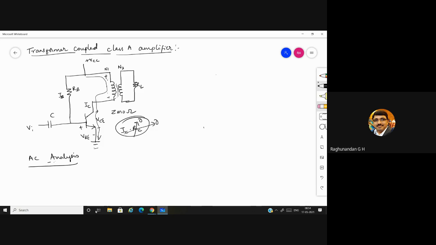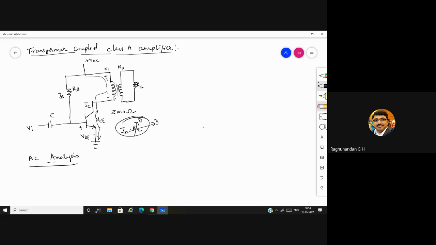Please remember, whenever we do AC analysis, we are going to consider the AC signal. And in a power amplifier, the AC signal means the signal we get across the load. DC works only within the primary coil of the transformer, while AC is around the secondary coil, because the AC power is delivered across the load.